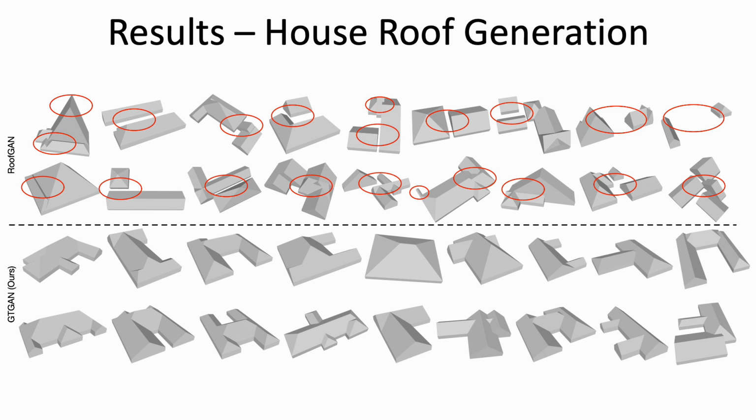It also produces poor relationships between different components, which results in unrealistic shapes and topology. In contrast, GTGAN alleviates all these problems to a certain extent and generates more complex and realistic combinations of roof primitives. Moreover, it can also produce more diverse roofs, which is another advantage of our method.